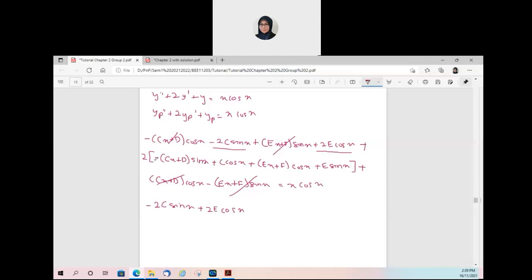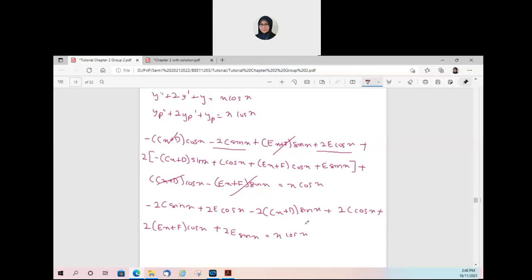This one is plus but here is minus, so this becomes minus 2(cx plus d) sin x, plus 2c cos x, and then plus 2(ex plus f) cos x, plus 2e sin x, equals x cos x.